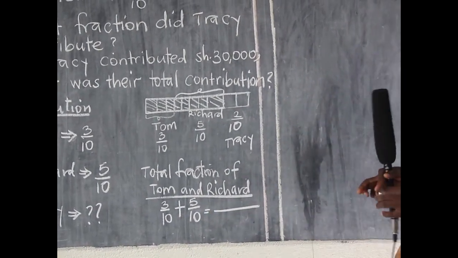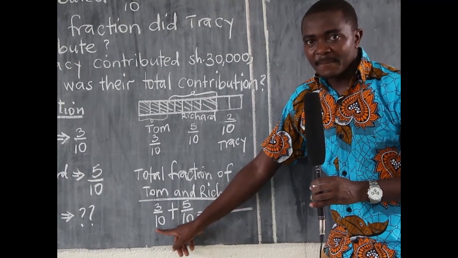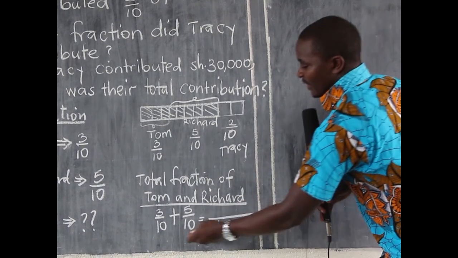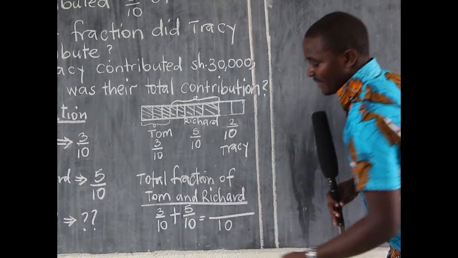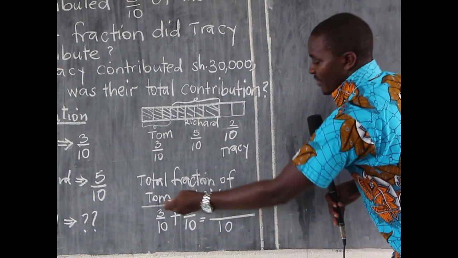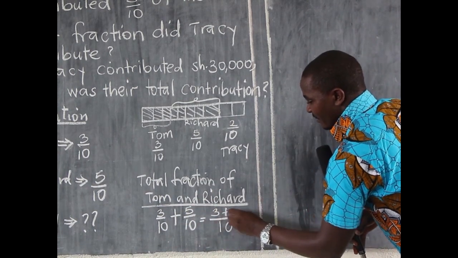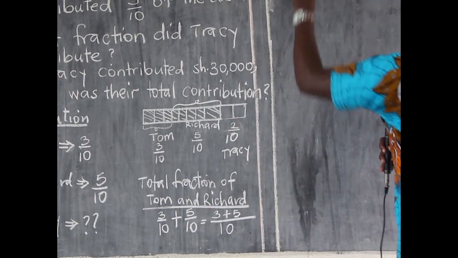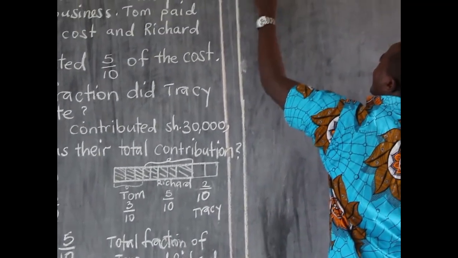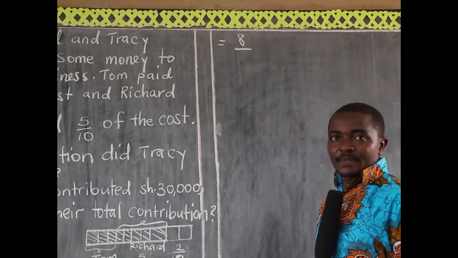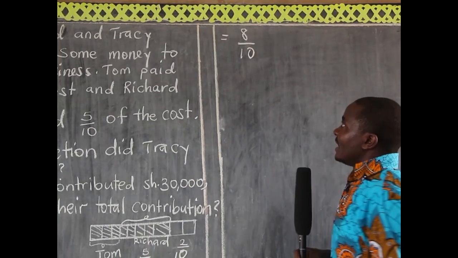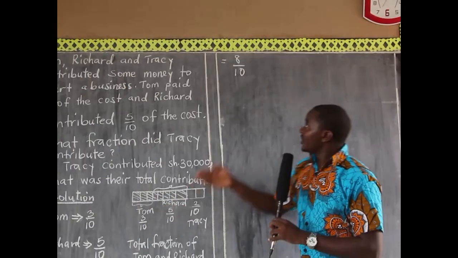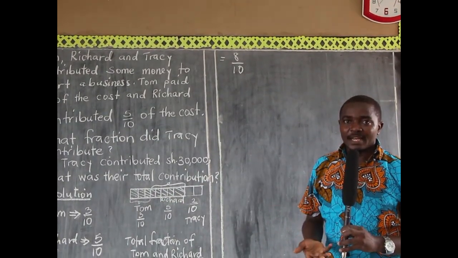We are very lucky that the denominators are the same. So our LCM of the denominators is 10. And when the denominators are the same, you simply add the numerators. 3 plus 5. So what is 3 plus 5? I will have 8 out of the total, which is 10. This means that the total fraction of Tom and Richard is 8 out of 10.